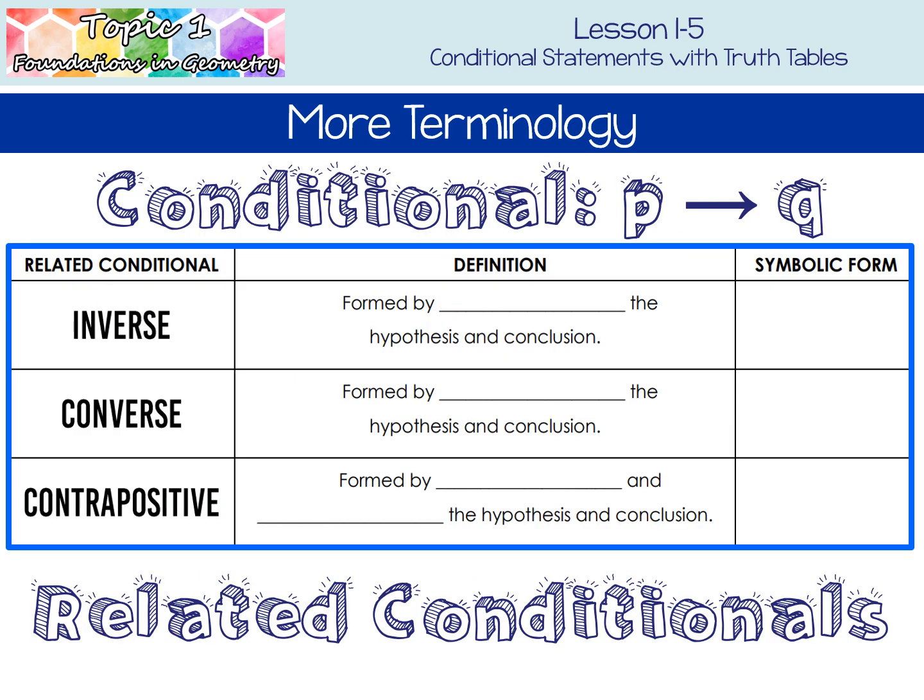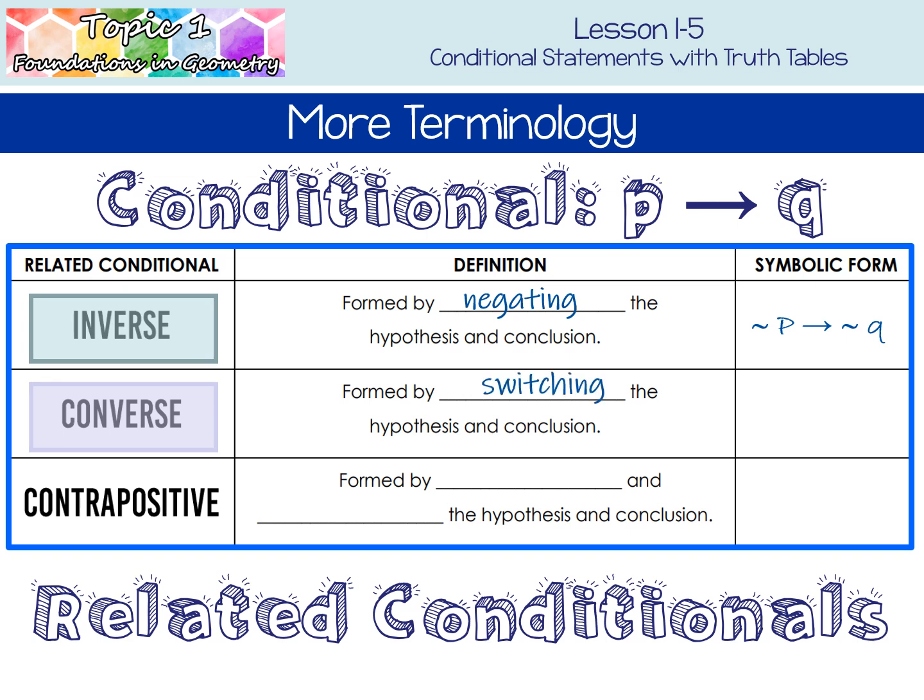More terminology. We're going to be working with related conditionals, but our original conditional is P implies Q. The inverse is formed by negating both the hypothesis and conclusion. So in symbolic form, it's not P implies not Q. The converse is formed by switching the hypothesis and conclusion.